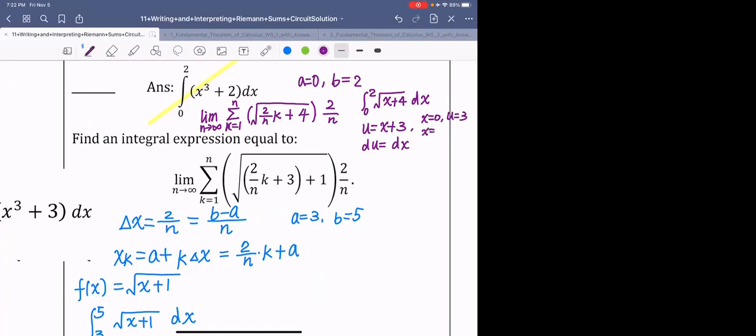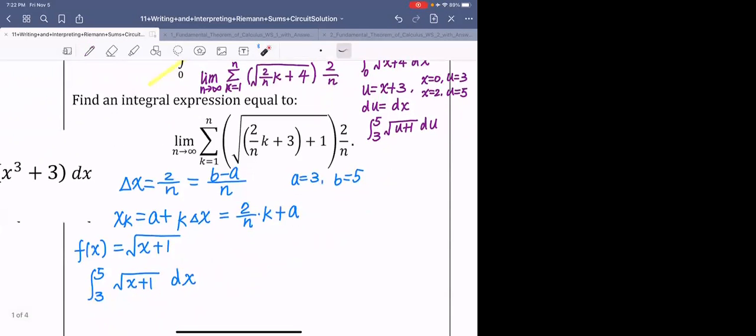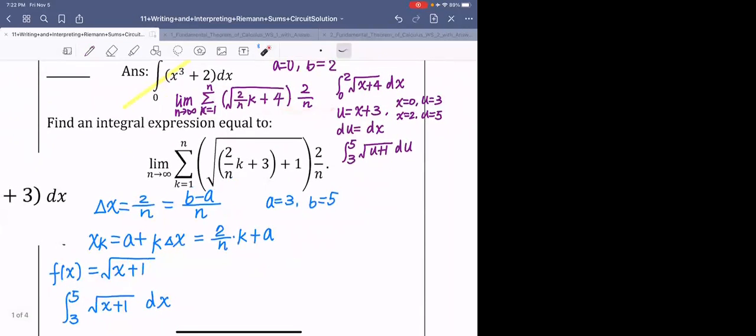When x equals 2, u equals how much? 5. So isn't that the same as 3 to 5? And then square root of u plus 1 du. Is this exactly the same? Yeah. So it doesn't matter which one you choose, it should be the same answer, okay?